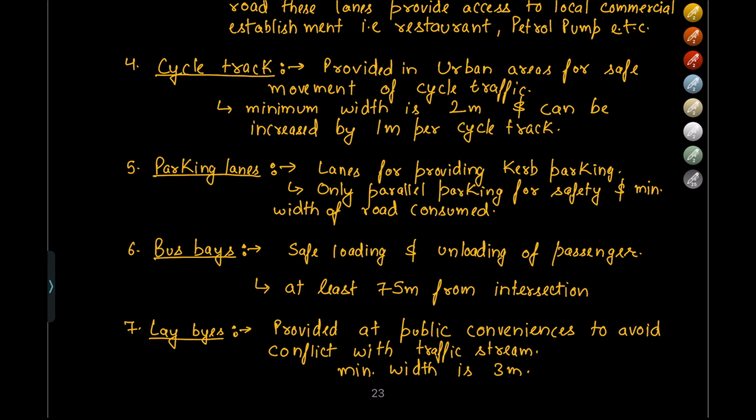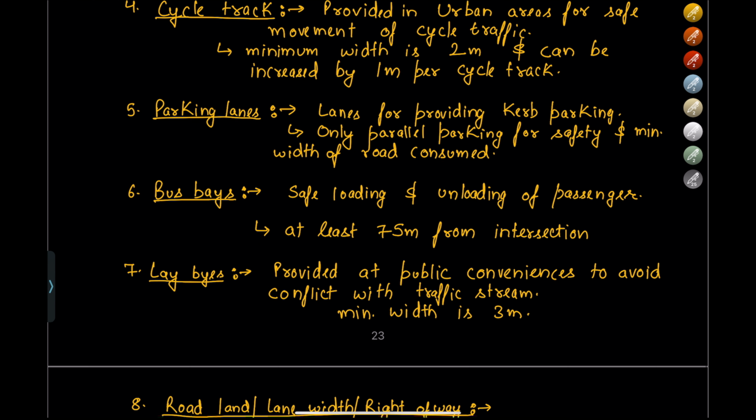So it is to ensure that. Next is bus bays. Safe loading and unloading of passengers of commercial vehicles, or maybe when public transport is being used and it needs to unload and load the passengers, it is to ensure that bus bays are provided where the unloading and loading of the passengers can happen.